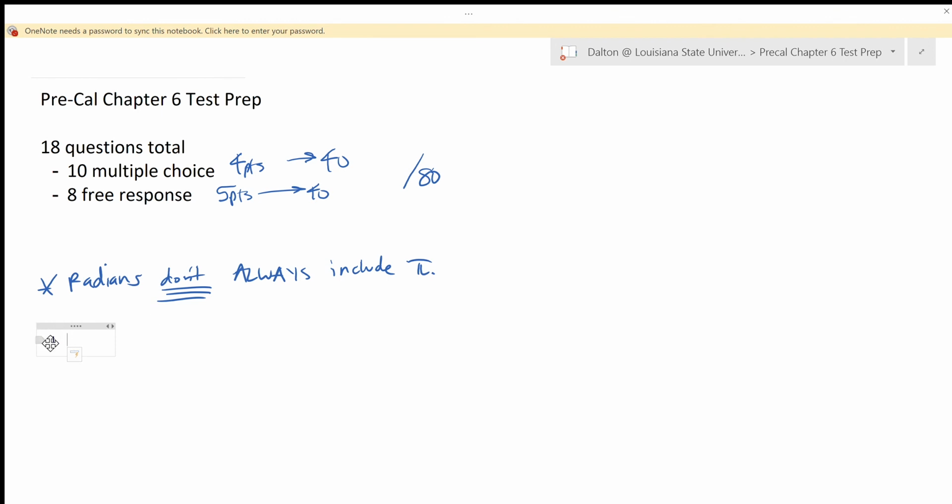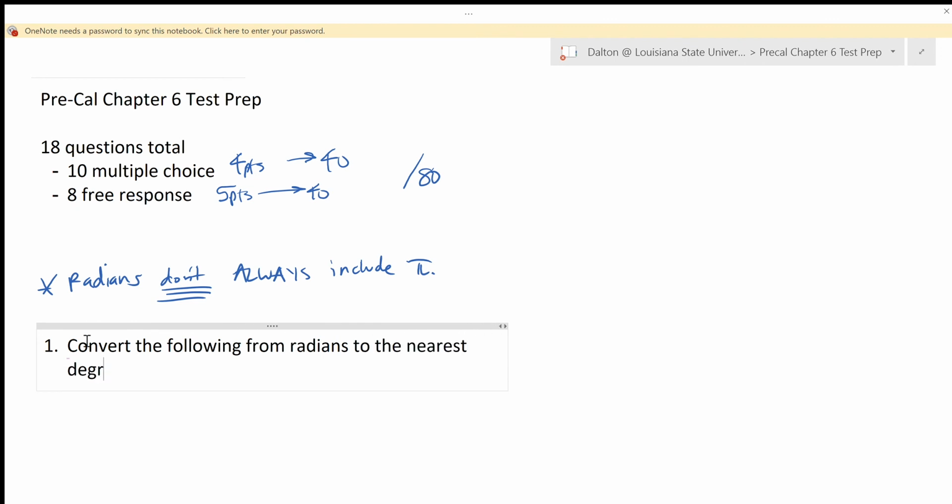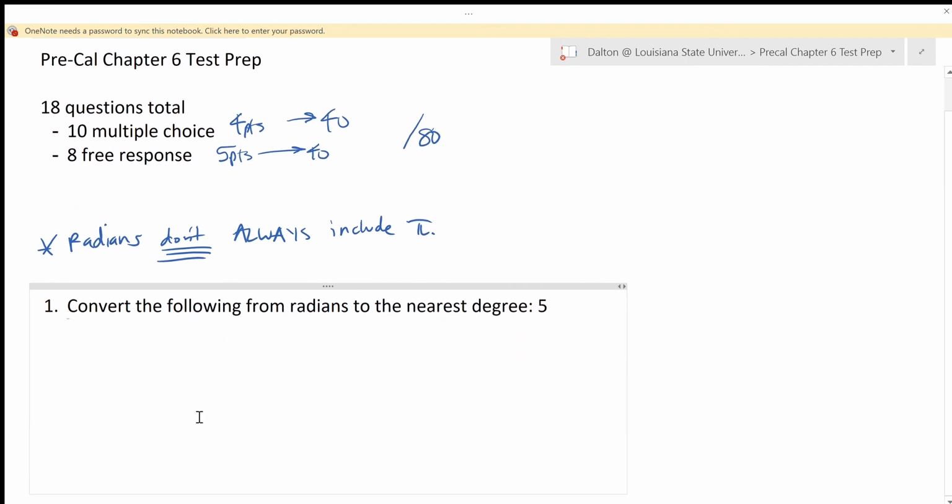The first problem that I'll do says convert the following from radians to the nearest degree. Let's say the number 5. This is a great example of a number, literally just 5, that stands for radians and doesn't have pi on it.